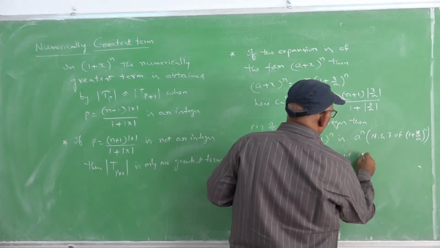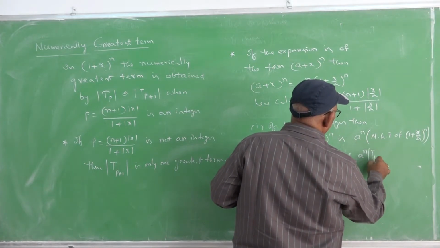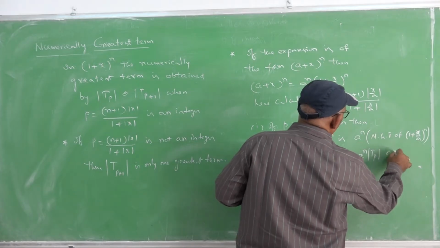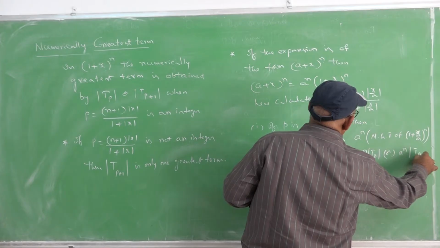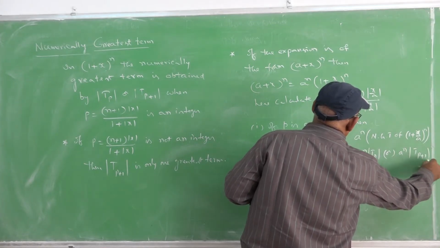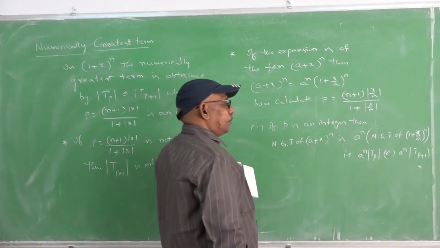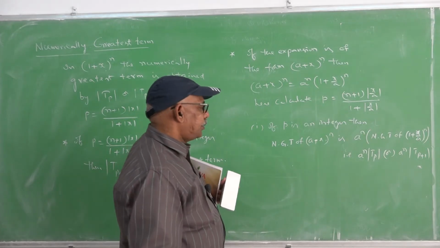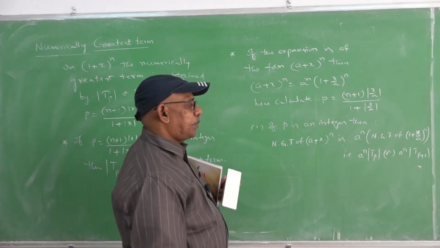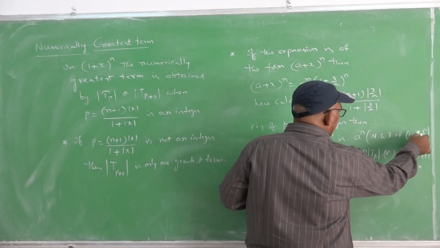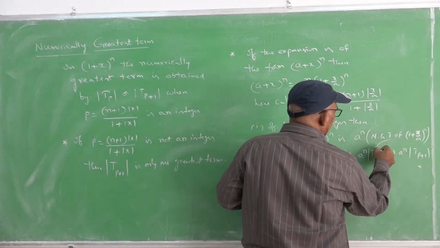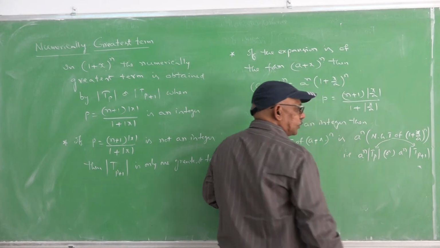That is, a^n into modulus of Tp or a^n into modulus of Tp+1, where the numerically greatest term of (1 + x/a)^n is either Tp or Tp+1.